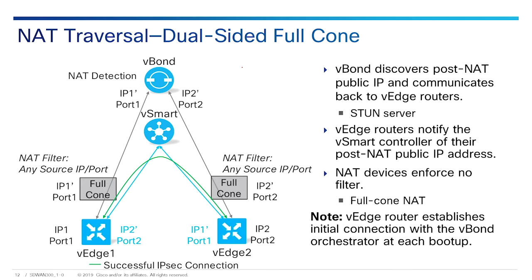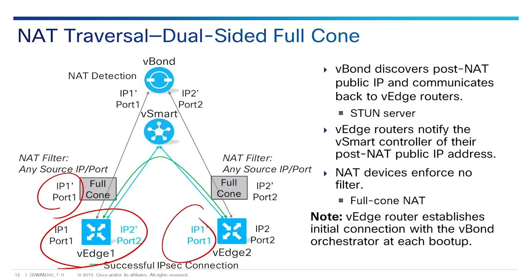So once that happens, the vBond orchestrator informs the vEdge routers about how that NAT is set up. And the vEdge router communicates the translated address to the vSmart controller. The vSmart controllers announce the public address to other vEdge routers so they can communicate. In the example here, vEdge 1 uses IP1, which gets translated to IP1 prime.